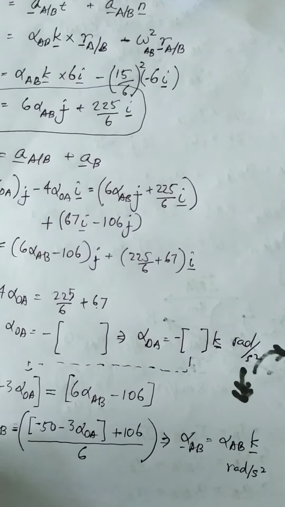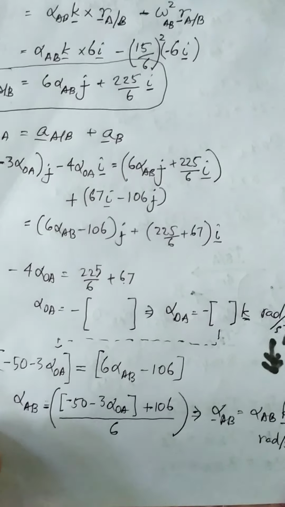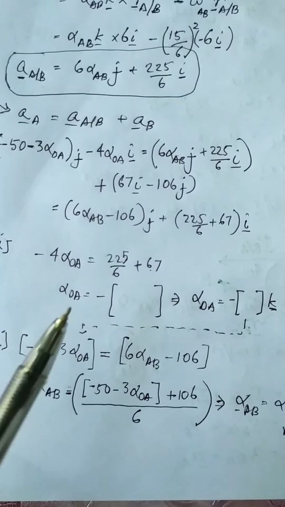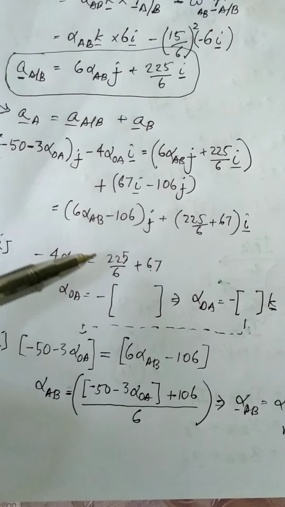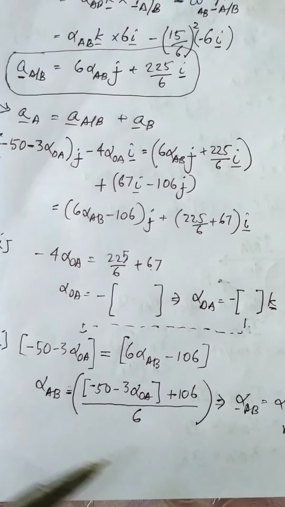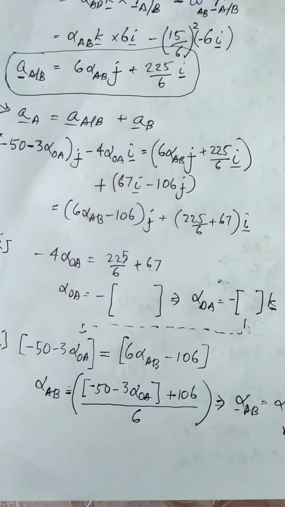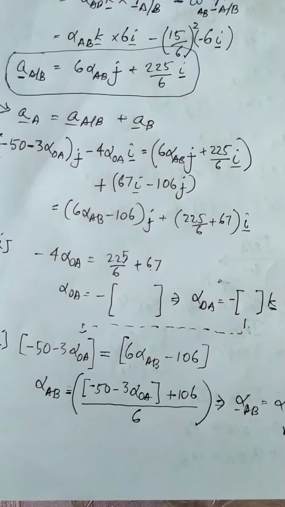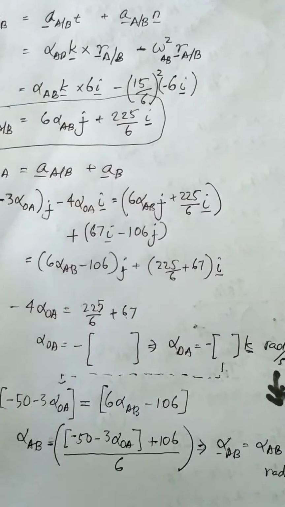I will not continue. I think by now you can see that the process is the same. We just substitute the value of alpha, and then you can use your calculators to find the answer. The key thing is what we don't know, we just substitute with a known vector, alpha AB k or alpha OA k, and from there we find the solution. So from here you can determine all the components of the solution by substitution.